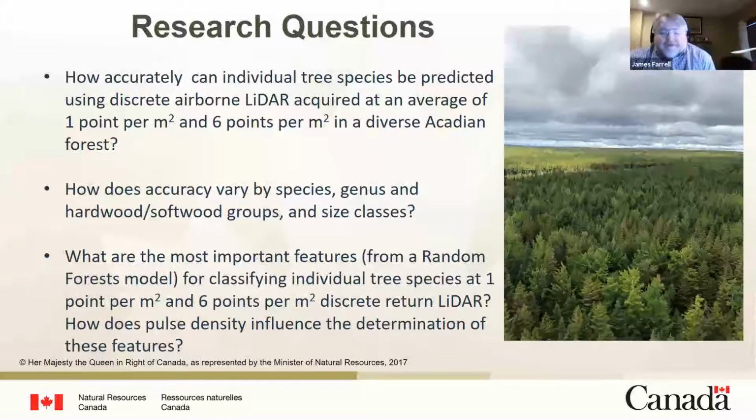How accurately can individual tree species be predicted using 1 point per square meter airborne LiDAR and 6 point per square meter airborne LiDAR? And how does accuracy vary by species, genus, hardwood, softwood groups or types, and size classes? And finally, what are the most important features for classifying individual tree species, and how does pulse density contribute?